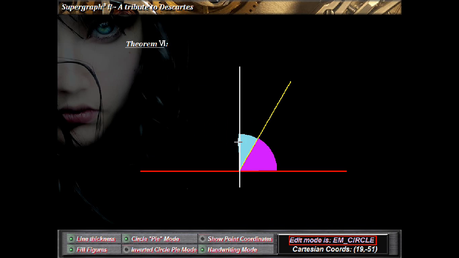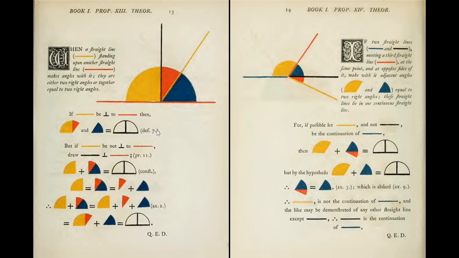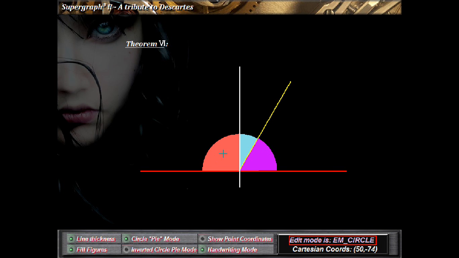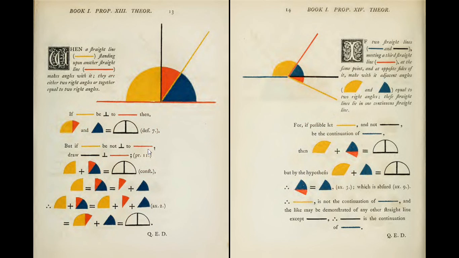One of which is known to be a right angle from the last problem. Now, we know that the sum of these two angles, in my case, orange plus this sum, is equal to two right angles.